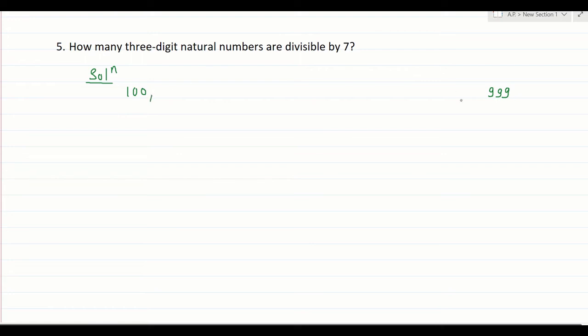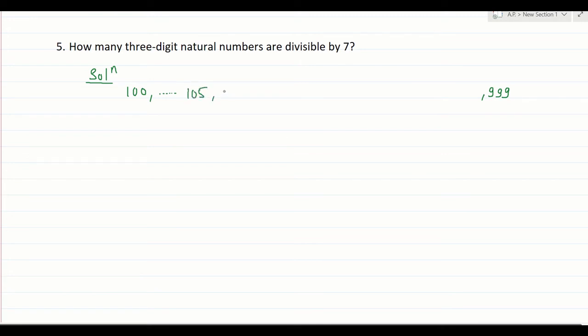Now, the question has said to take only those 3-digit numbers which are divisible by 7. Is 100 divisible by 7? No. 101? No. So if you keep on finding, you will find that the first 3-digit number which is divisible by 7 is 105.